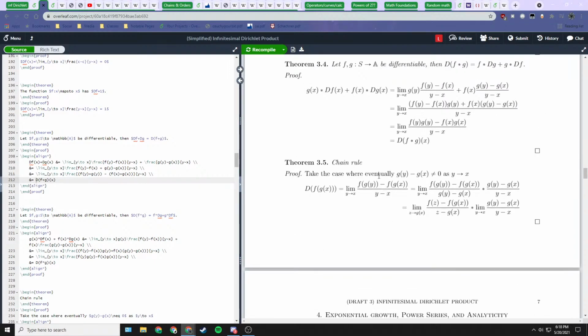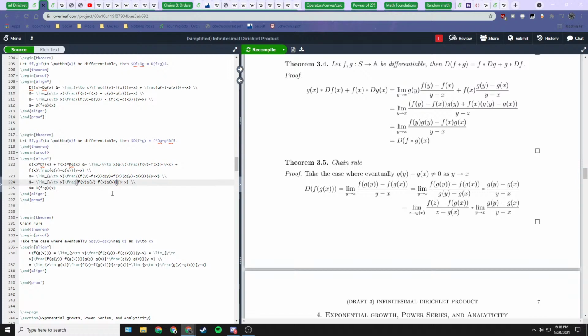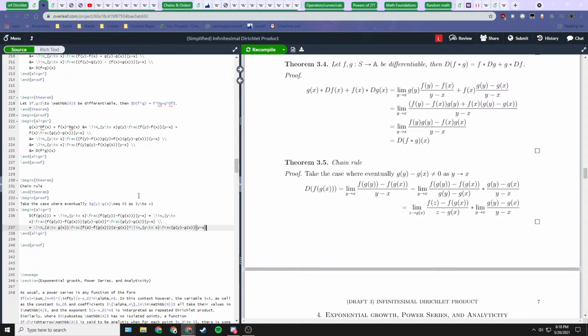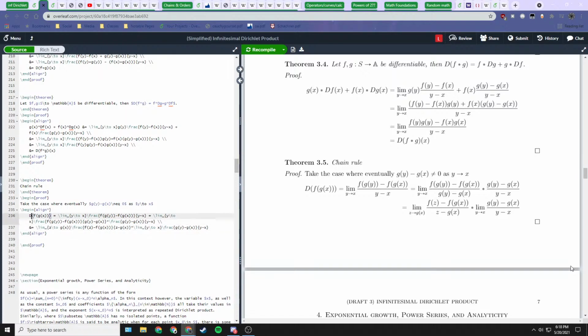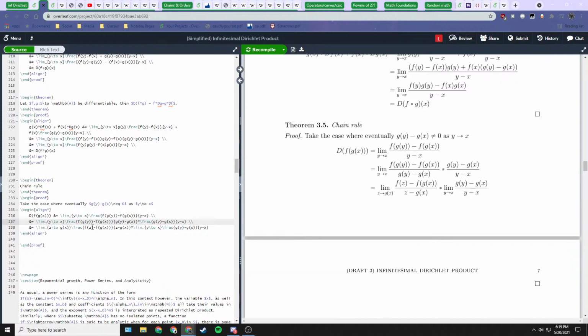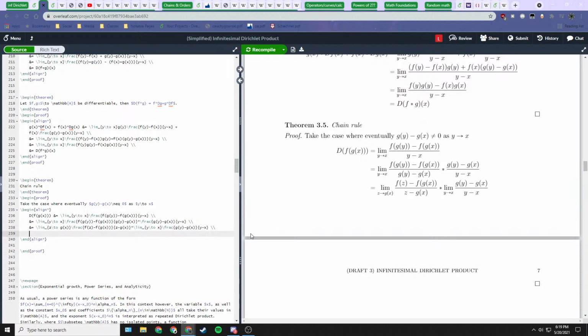So back down here. If we assume we eventually have this limit, then this will end up being this limit, and then eventually this will be the product of limits, and both of these limits will reduce down.